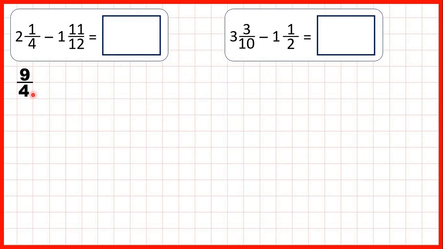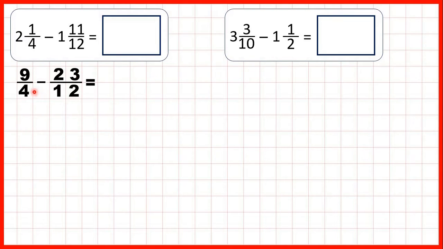So 9/4 is the same as 2 and 1/4. We're subtracting 1 and 11/12, but we can turn that into an improper fraction as well. 1 times 12 is 12, plus 11 is 23. So we can subtract 23/12.